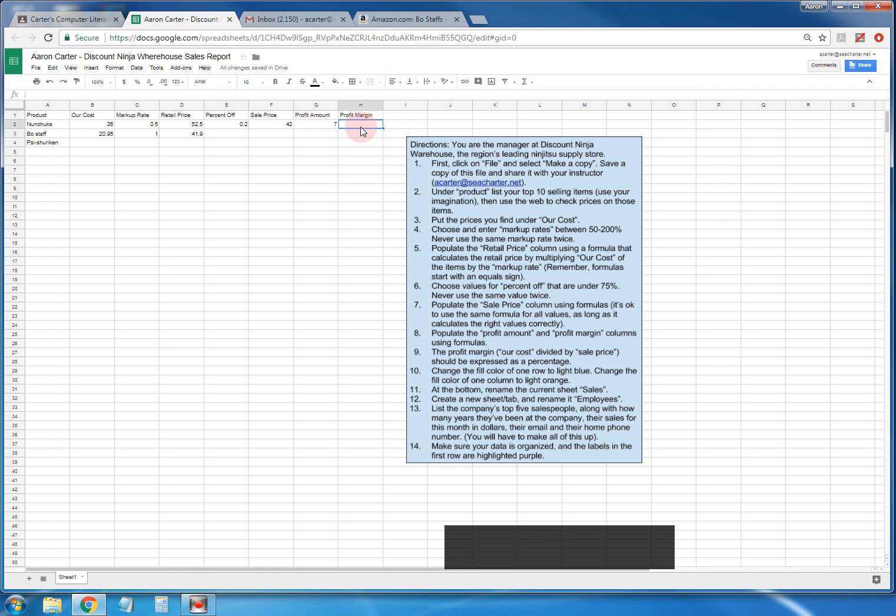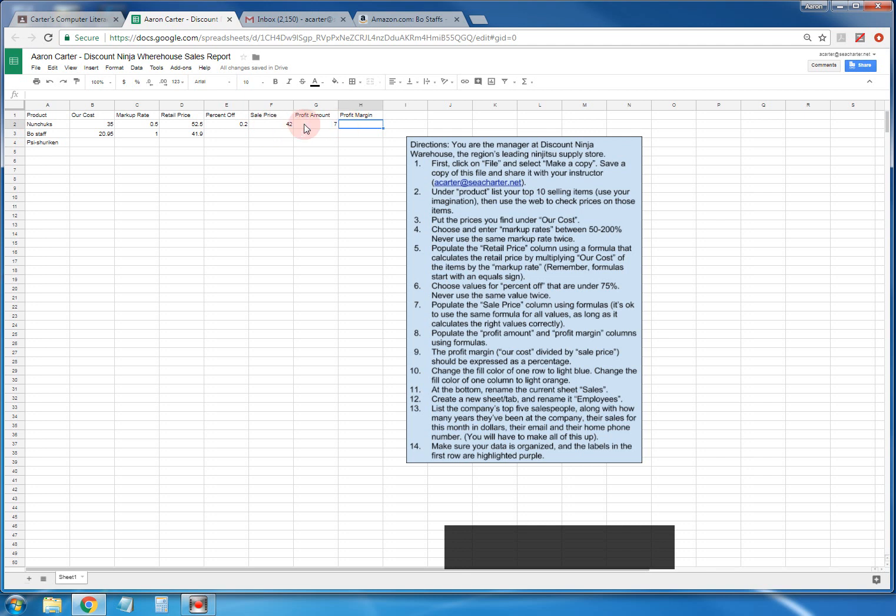Profit margin is something that they use in business, and it's basically converting this into a percentage. So how much percent did you make? Profit margin, as I outlined in number 9, is our cost divided by the sale price. So our cost, B2, divided by the sale price, 42.